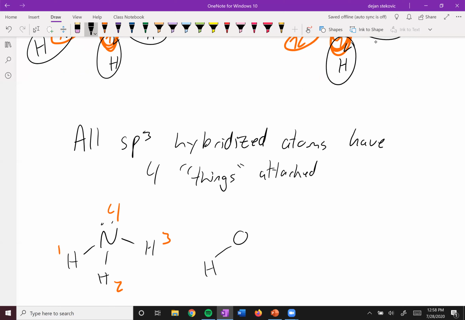In water, you have two hydrogen atoms, and then 3 and 4 are the two lone pairs. And then of course, carbon has four hydrogens attached. So you can figure out the hybridization simply by how many things are attached to your atom.